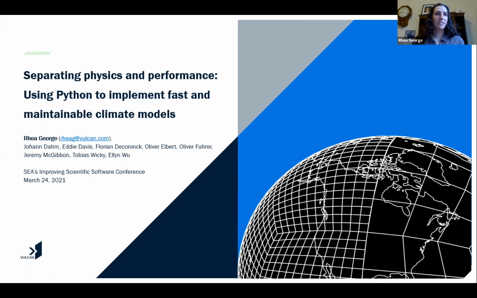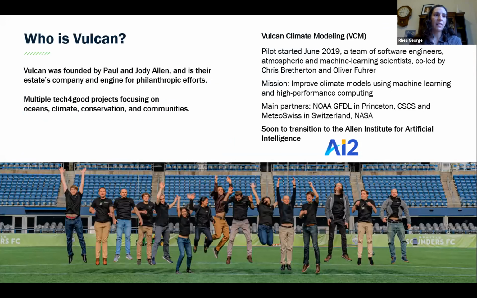So as Keith mentioned, I'll be talking about using a domain-specific language, or DSL, in Python to implement a high-resolution climate model. I'm a software engineer on Vulcan's climate modeling team. Our group started in 2019, led by Chris Brotherton and Oliver Fuhrer.